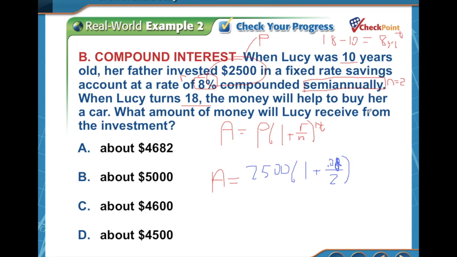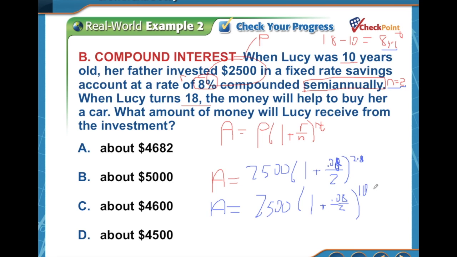All of that taken to the power of N times T. So N is 2, T we said is 8. So we could put 2 times 8 as our power. Great. So with one more step of simplifying, our amount equals 2,500 times the quantity, 1 plus 0.08 over 2, all to the power of 16.